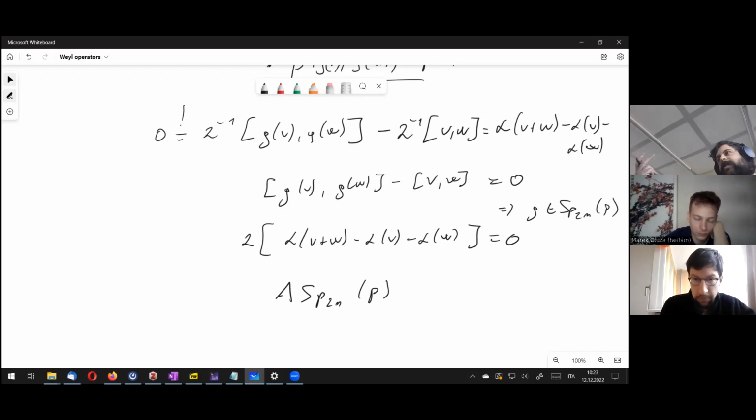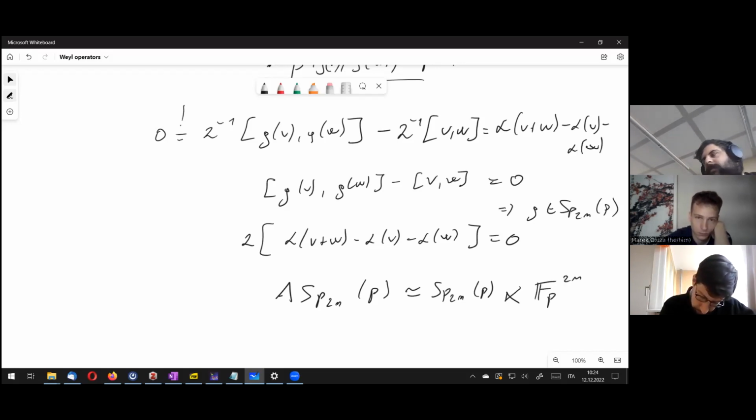And since these two relations are independent of each other, this group has a semi-direct product structure, namely it can be written as a symplectic group, coming from the first condition, and then the semi-direct product with the phase space, because this is just coming from the second condition, where we have the linear maps in the center fixing automorphism group.